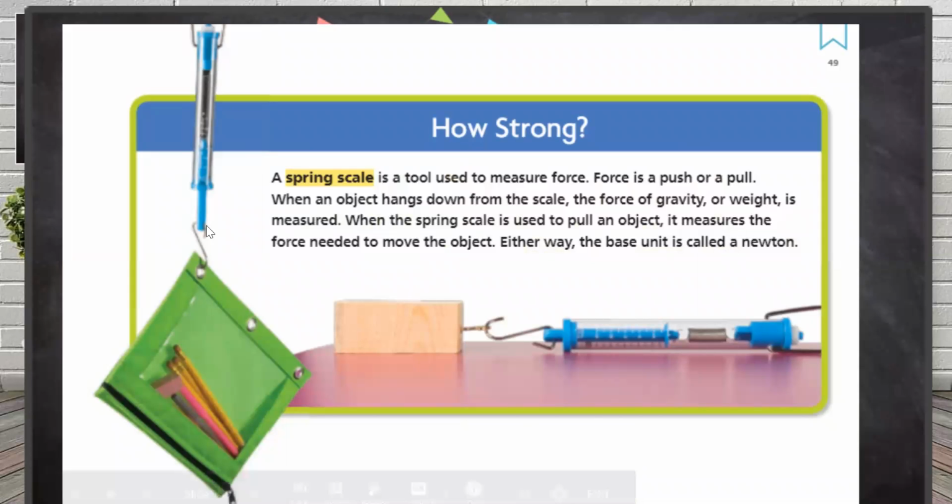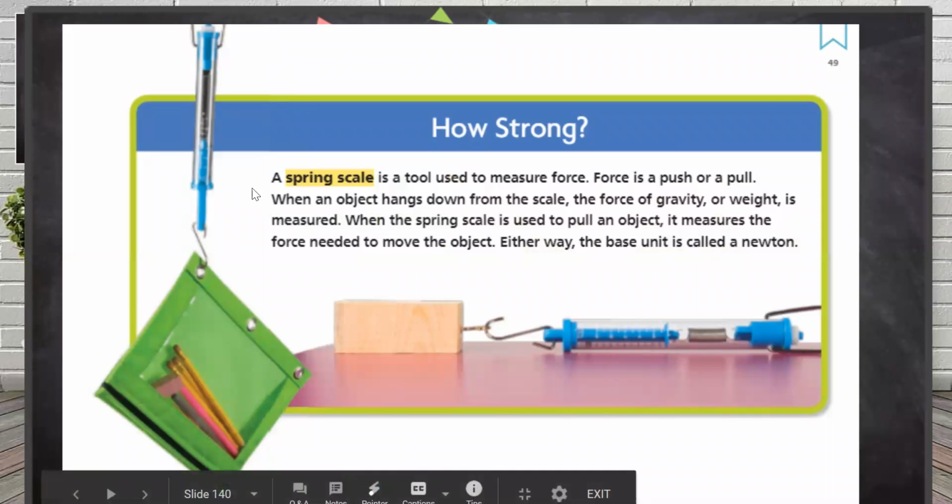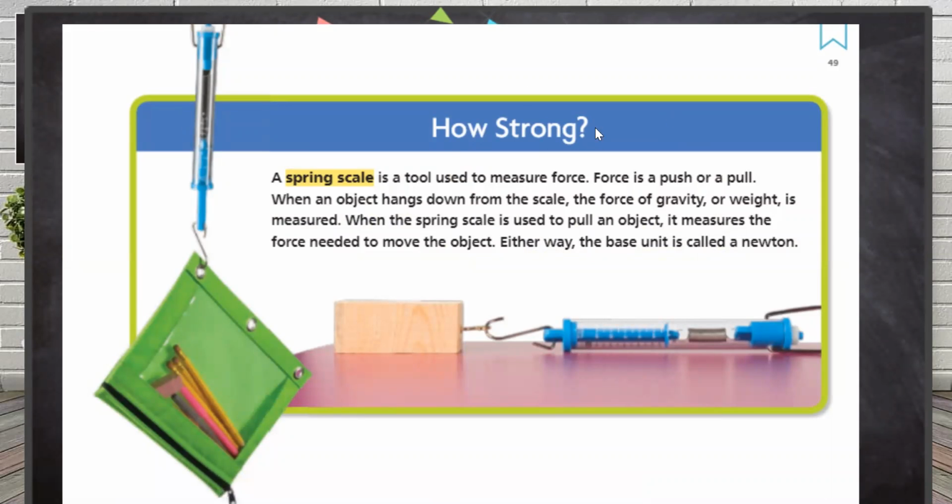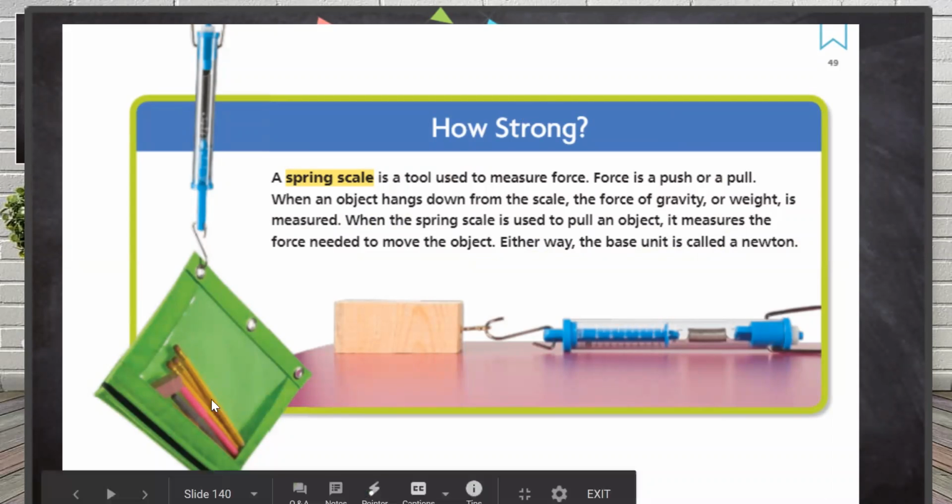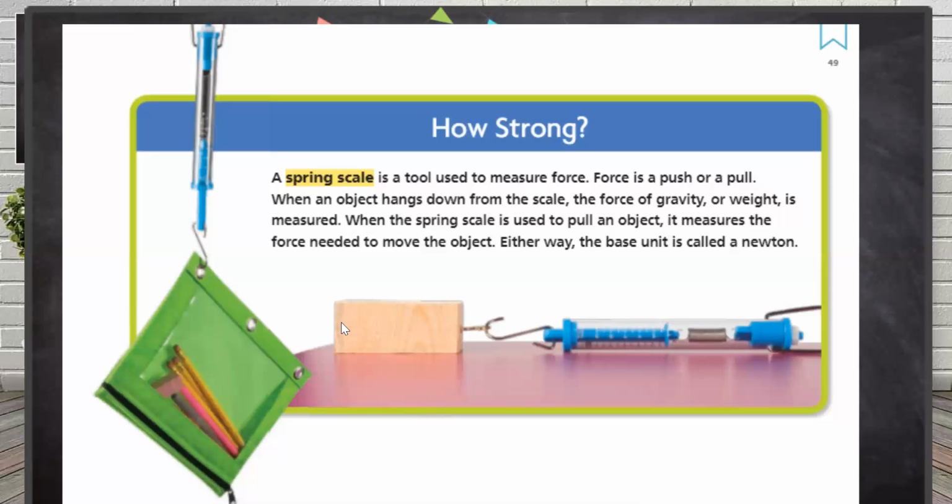Now, this is a spring scale. If I want to know how strong something is, I'm going to use a spring scale. Look at this pencil case. Remember in grade 4, I brought this to your class and we did the same thing. We wanted to know how much force it will take for this pencil case to go down.